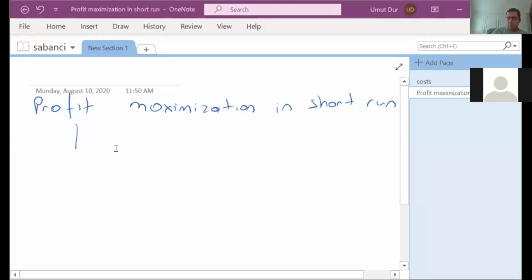Bir saniye, tekrardan çözmeye çalışacağım. Şu anda yazdığımı görüyor musunuz?